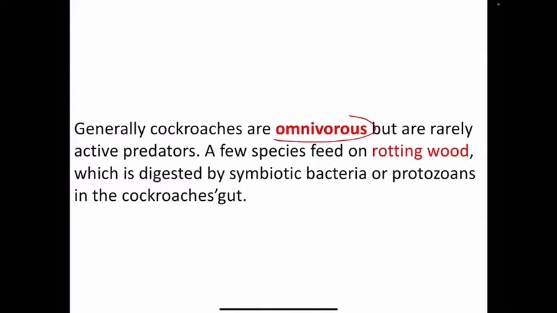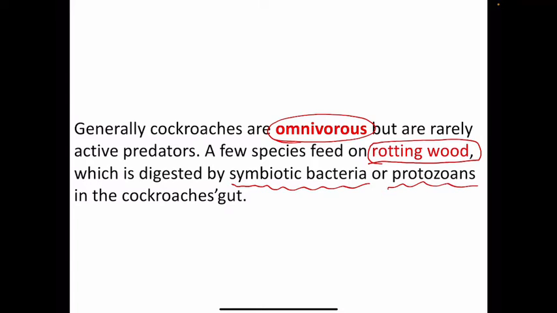Usually they are omnivorous and rarely predatory, and a few species can feed on rotting wood, so they can digest it because they have endosymbionts, symbiotic bacteria and protozoa in their gut.